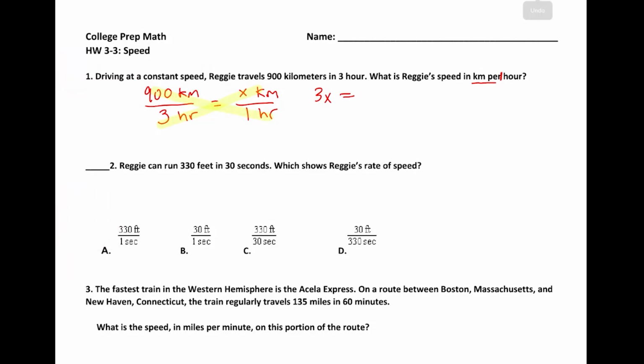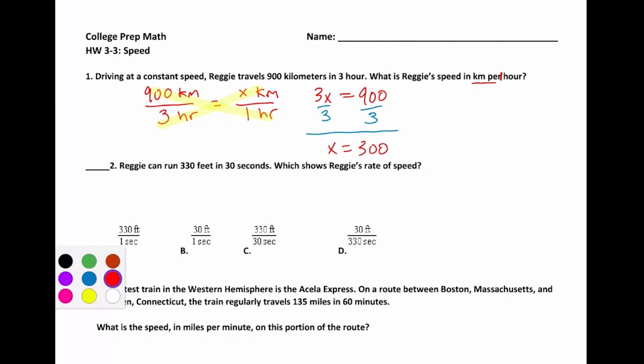So 900. And then we can solve this equation using our properties of equality, divide both sides by 3, and we get x equals 300. So 300 is our x, and so that is our speed in kilometers per 1 hour, 300 kilometers per hour.